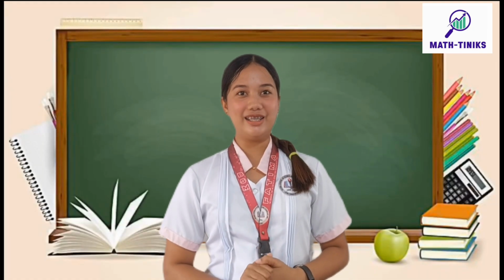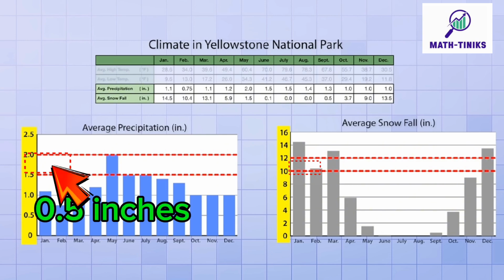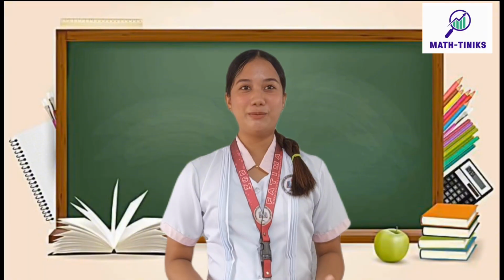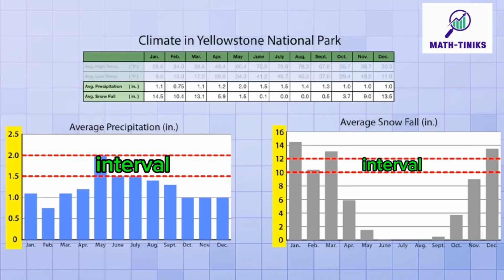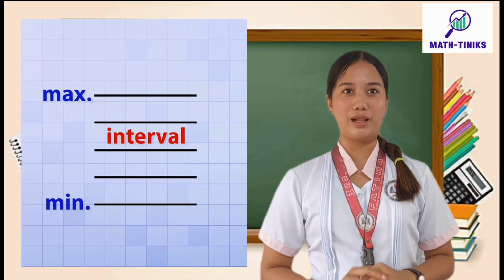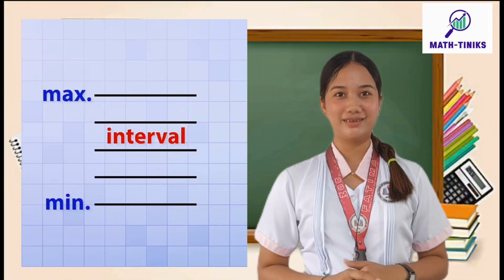Also notice that each graph uses a different size subdivision on the vertical axis. The rainfall graph has a division every 0.5 inches, while the snowfall graph has a division every 2 inches. The size of these subdivisions is called the interval of the axis. This combination of a minimum value, a maximum value, and an interval forms the scale of an axis.